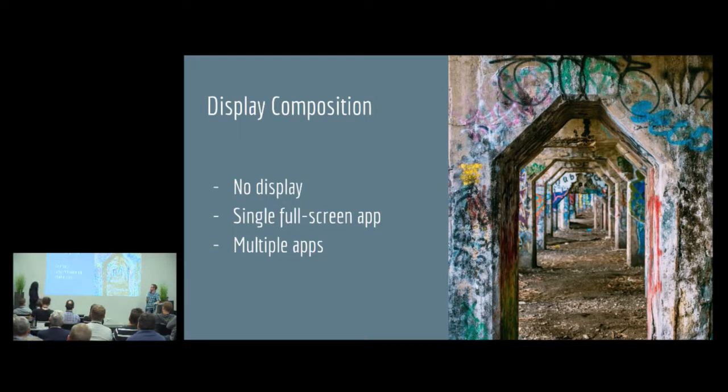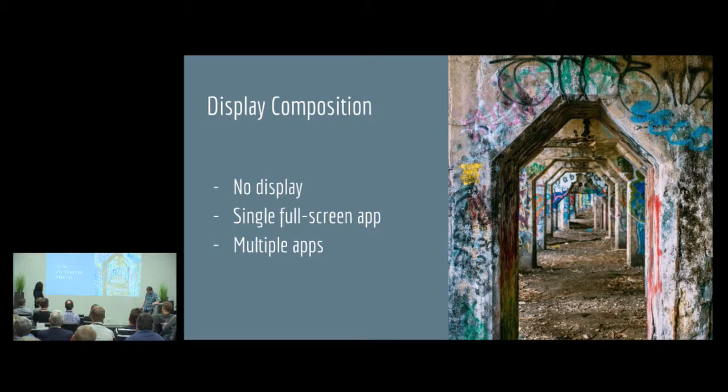So we're going to talk about 3 classes of display integration into a device. You could have a traditional IoT type embedded Linux thing with no screen, with no display, which is the simplest type of device in this space. Then you have a single full screen app, very common in embedded Linux. If you do have a screen that you don't support third-party apps, you just have your one full screen, often OpenGL thing.